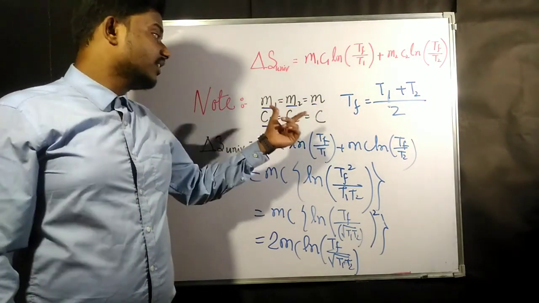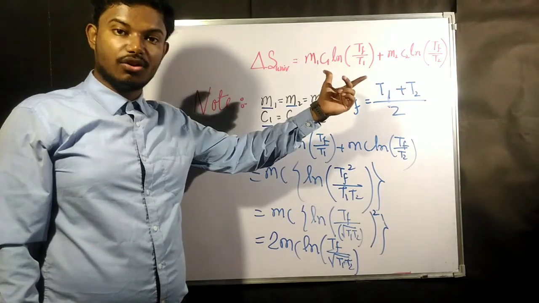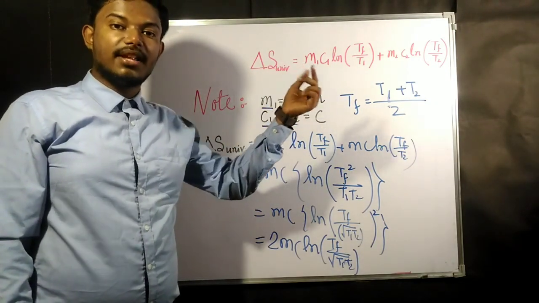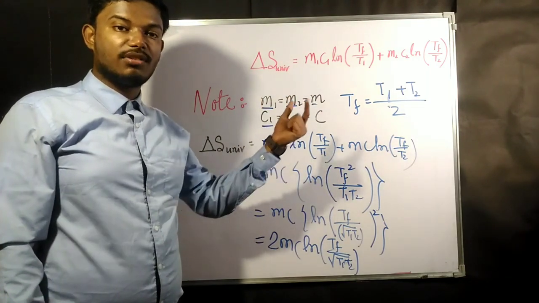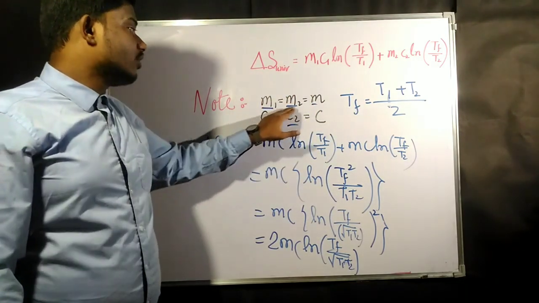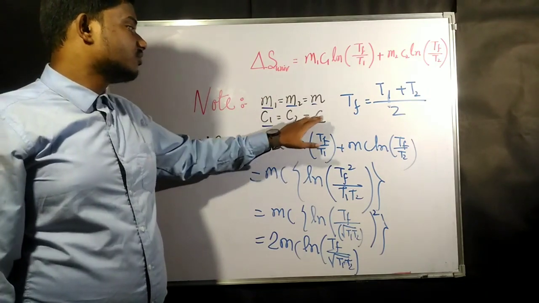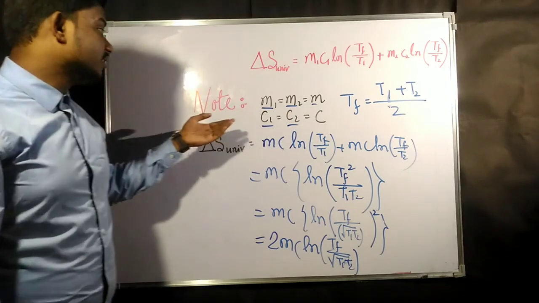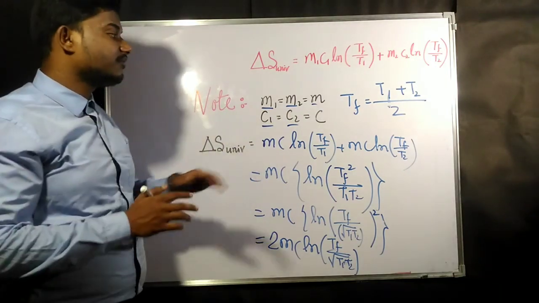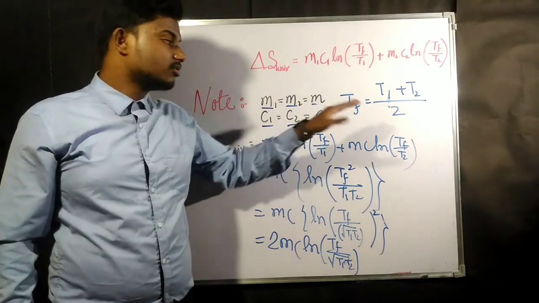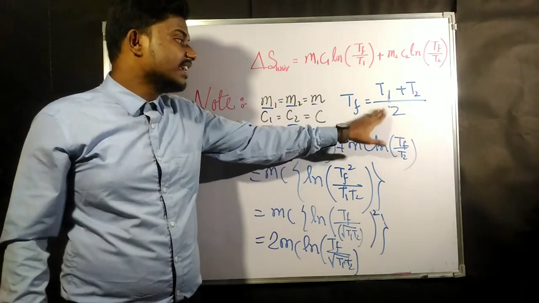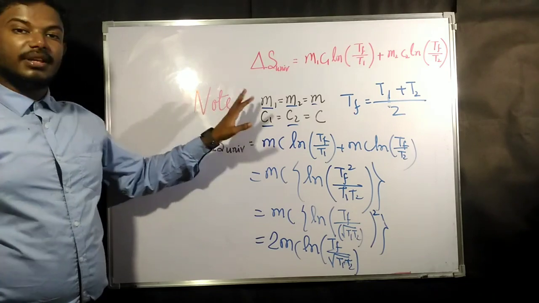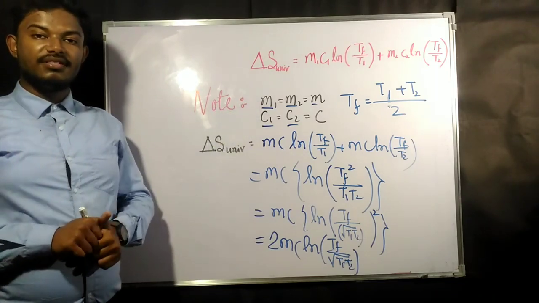Even if you put these values in the expression you got earlier, M1 C1 T1 plus M2 C2 T2 divided by M1 C1 plus M2 C2, with M1 equals M2 equals M and C1 equals C2 equals C, you get this value only. So this is a special case of mixing of two fluids, same mass and same specific heat.